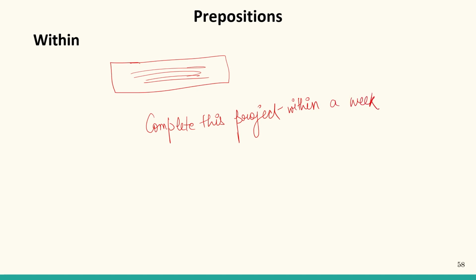Now, within means in the limits of the time, in the limits of the week. It means we know well that our week begins from Sunday to Saturday. Now, this is a week containing 7 days. So, within a week means after Sunday but before Saturday. So, in this particular span of time, this is called within. Within means in the span of time.